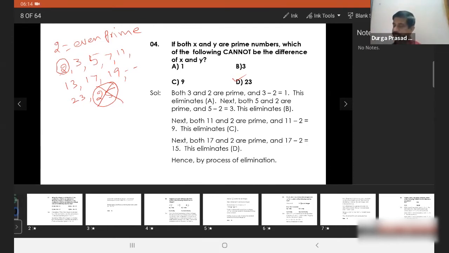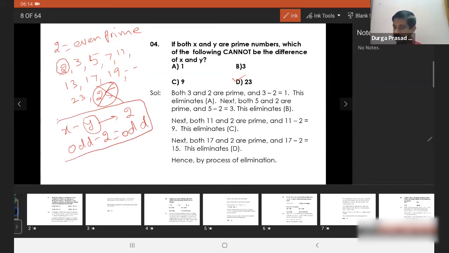So students, here we don't need to check. The only logic you should observe is if all options are odd, then for the difference, if you take x minus y, this y should always be 2. Then only odd minus 2 is odd. If you can identify this logic, finish.